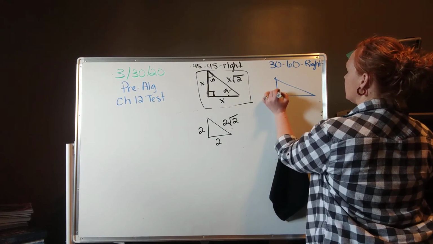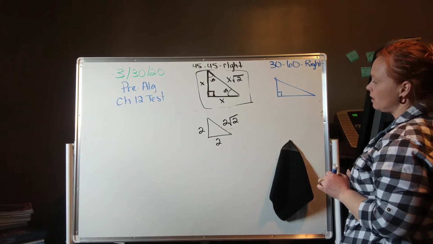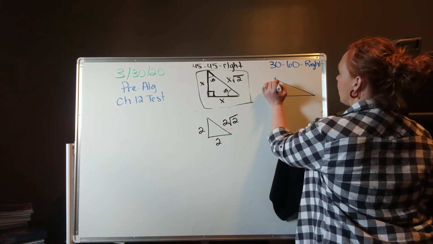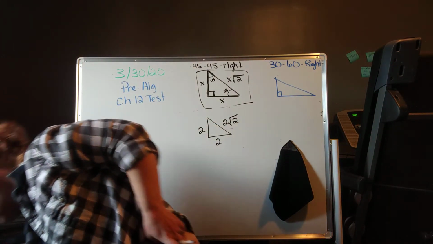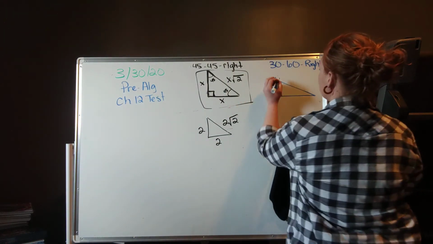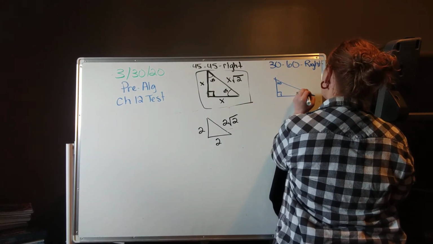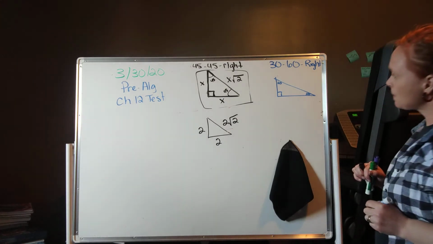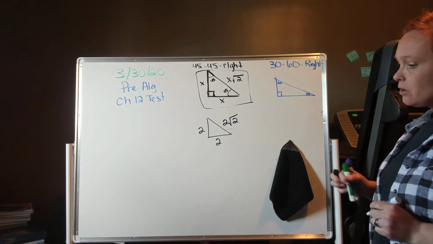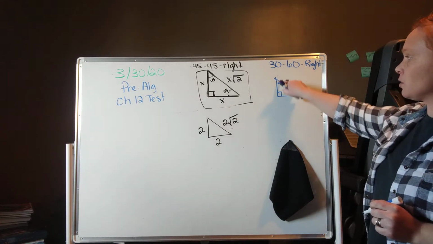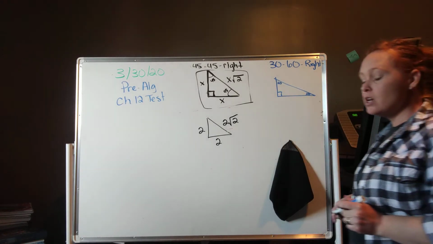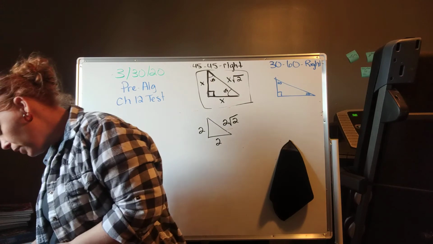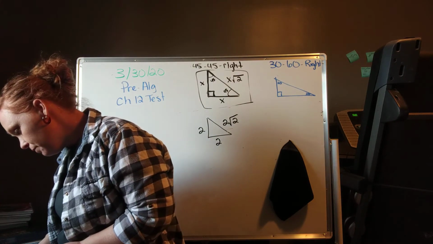It's going to be something like this, a scaling triangle. In this case, this one's 60 degrees and this one's 30 degrees. Notice that the shorter leg goes to 60 degrees, and the longer leg goes to 30 degrees. You can also look at this one in your book on page 522.